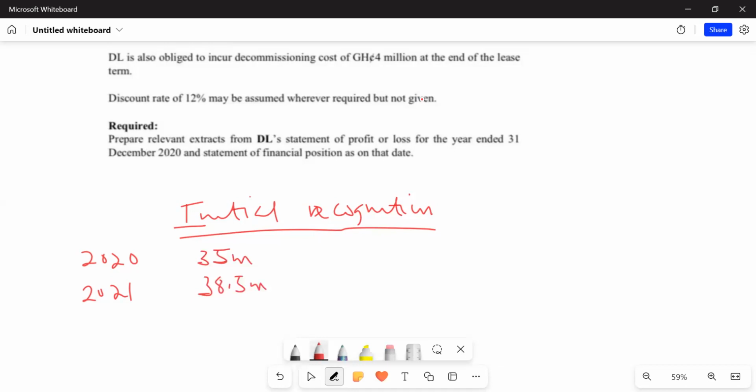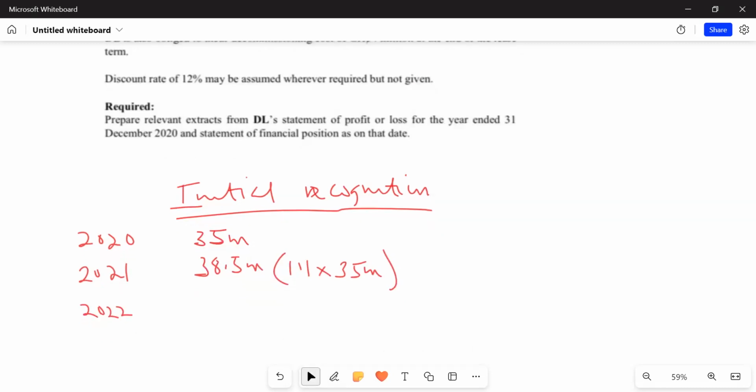That will be 1.1 times 35 million. So we increase it by 10%. 2022, how much are we going to pay? 42.35 million.